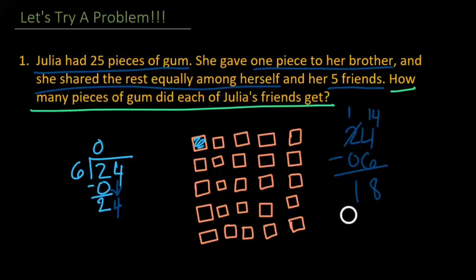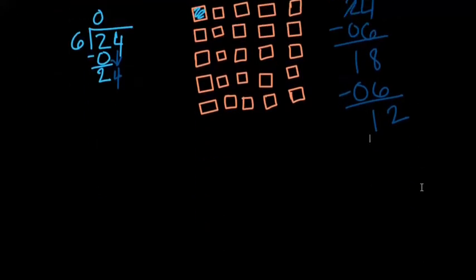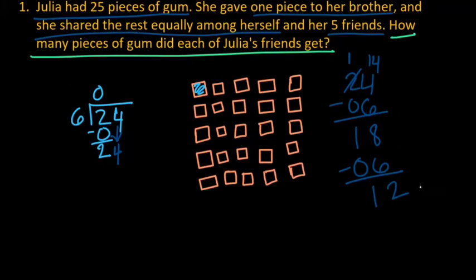Now we subtract 6 from 18 again. 18 minus 6: 8 minus 6 is equal to 2. And 1 minus 0 is equal to 1. So we have 12. Let me just scroll down. Okay, we have 12.